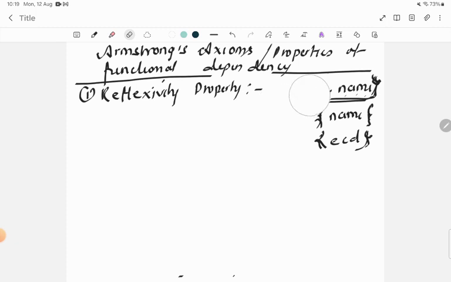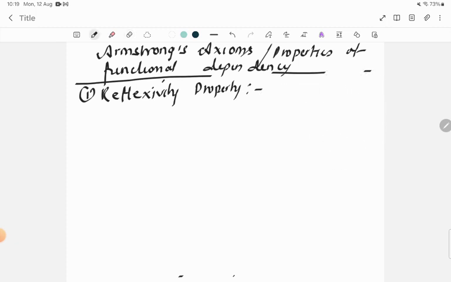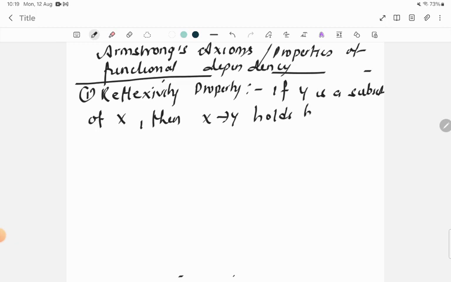Now let's discuss the property. The first property is the reflexivity property. It says that if y is a subset of x, then x determines y, and this holds by the reflexivity rule.